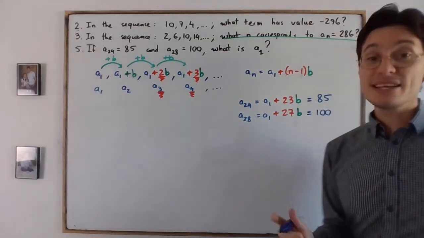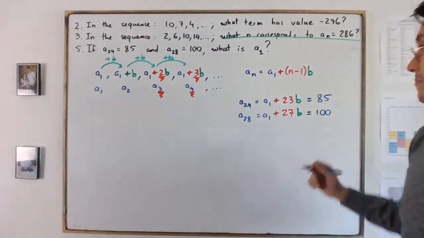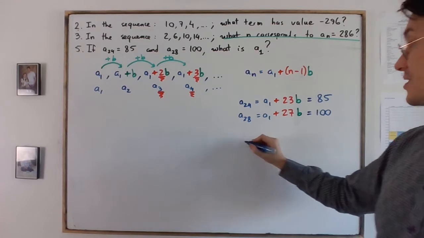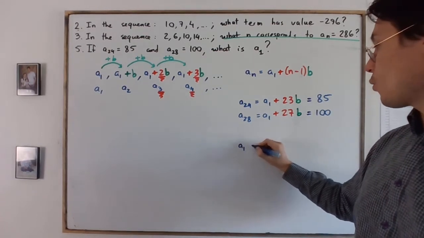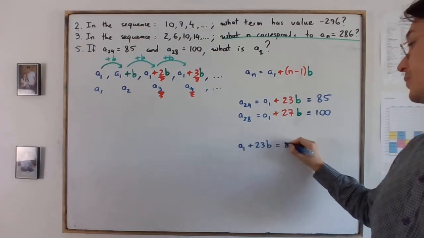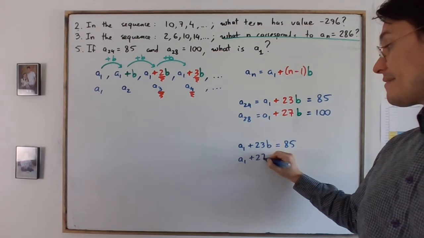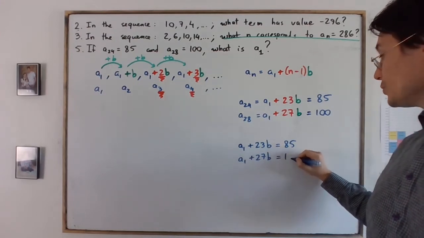So what's happening is we have a system of two equations in two variables. Let's just focus on this system now. We have A1 plus 23B is equal to 85, and then A1 plus 27B is equal to 100.